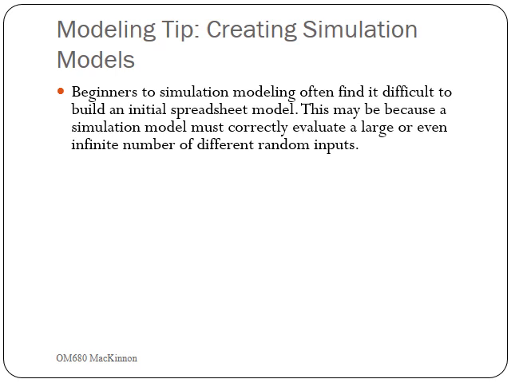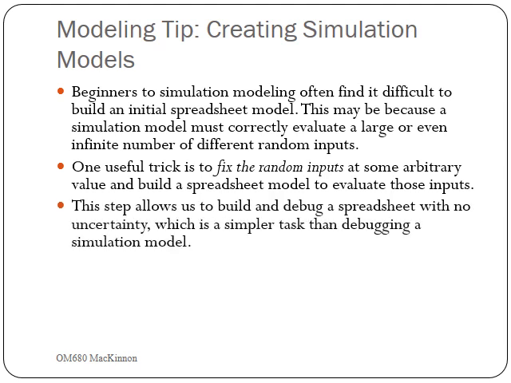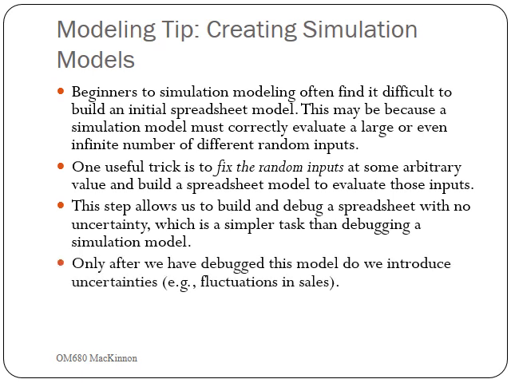You make sure your calculations are correct, and then you move on. You fix what we know will be random at some arbitrary value, and then we check our calculations and debug the spreadsheet as if there was no uncertainty. Only after that do we introduce uncertainty: fluctuation in sales, fluctuation in demand or costs, or whatever it is that we deem to be uncertain.